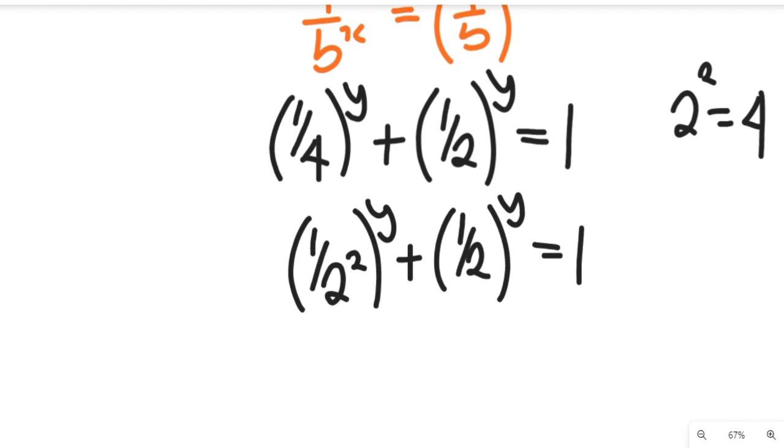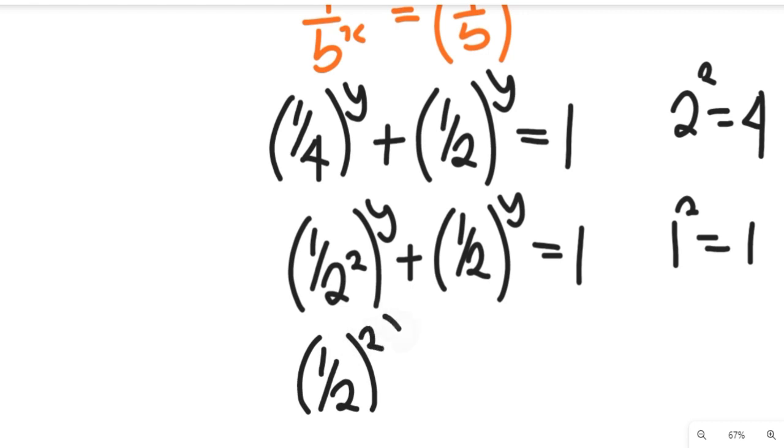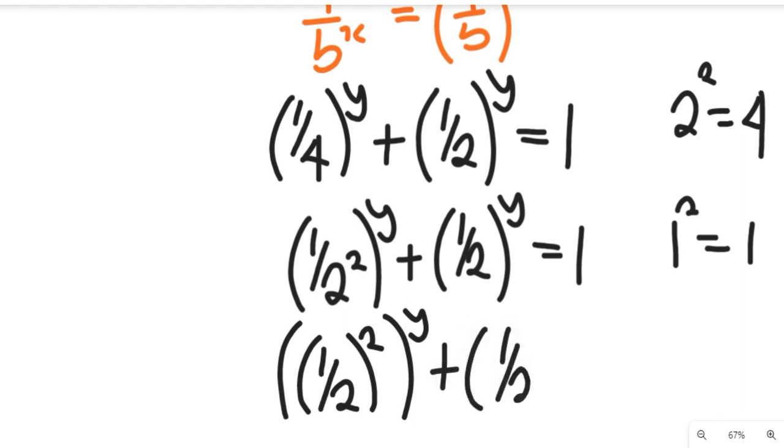Now notice that 1 squared can be equal to 1. So this can now be equal to 1 divided by 2 squared, all to the power of y, plus 1 divided by 2, all to the power of y, equal to 1.